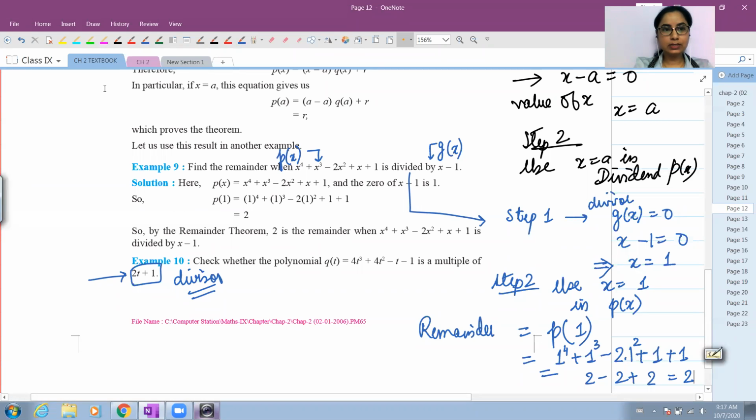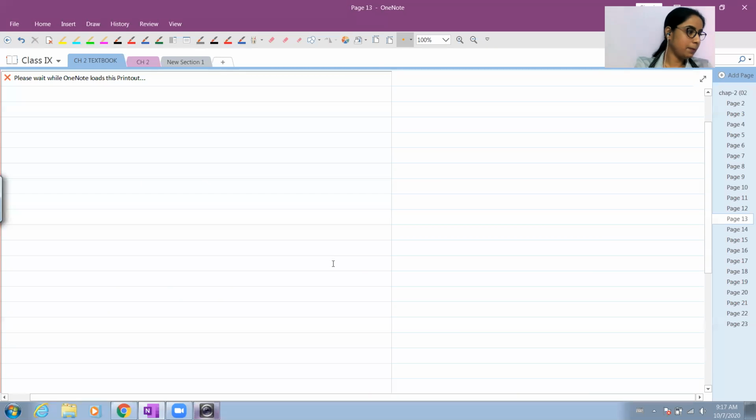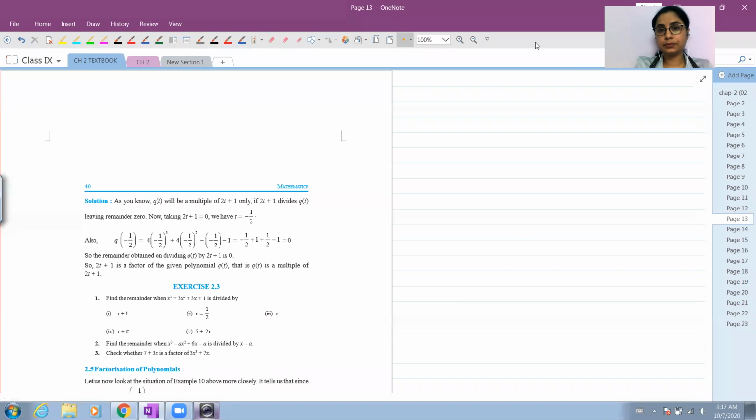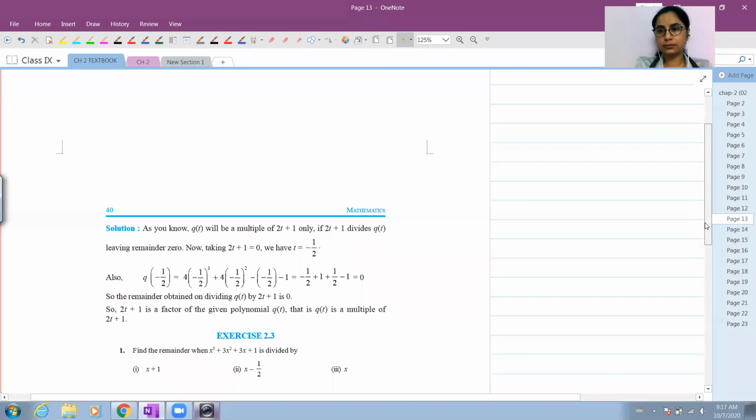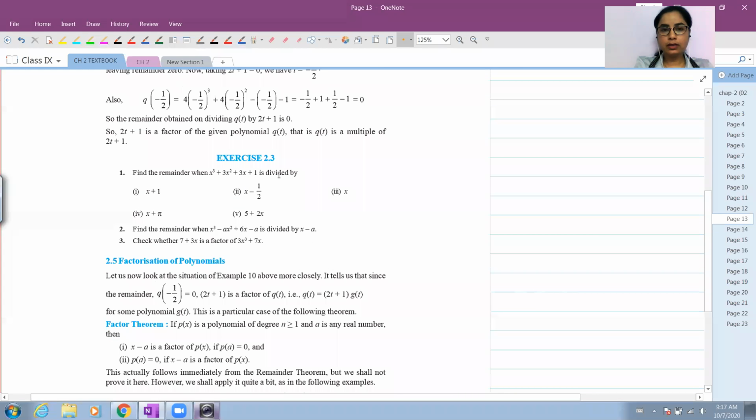Let's do exercise 2.3, page number 40. Find the remainder when this polynomial is divided by these linear polynomials.